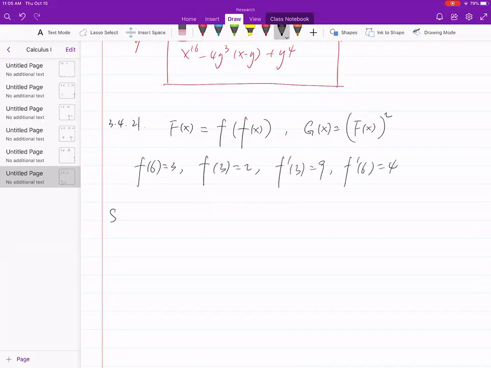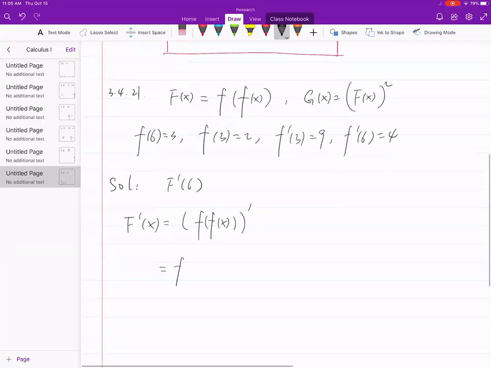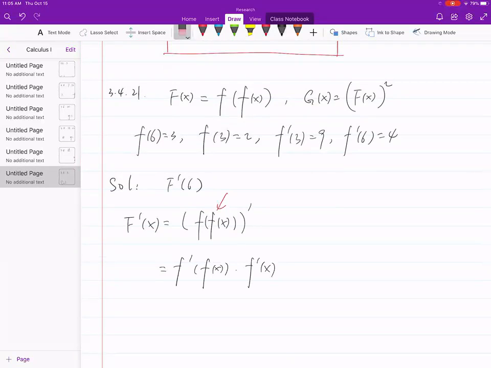All right. First job, find f prime 6. Okay. F prime x is going to be fx prime. So before this was a g, right? It's easier to differentiate between f and g, but now you just have to be careful whenever you put a G, put an F instead.